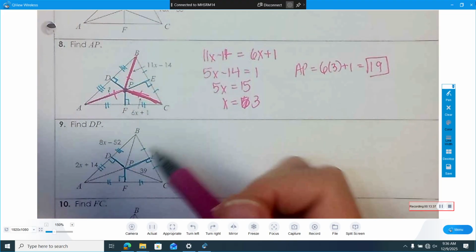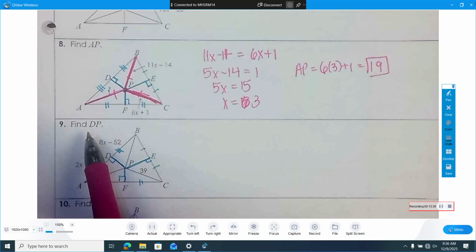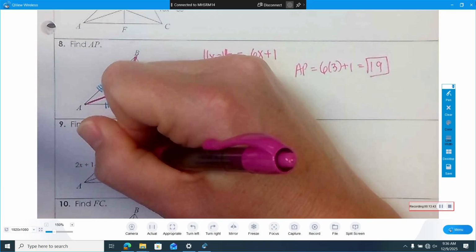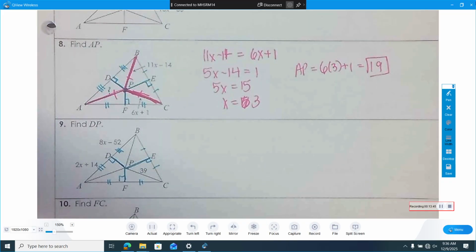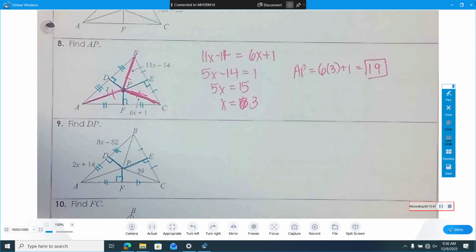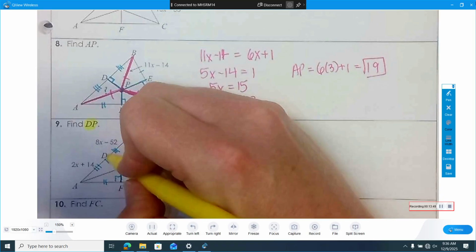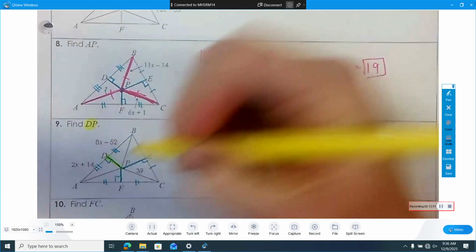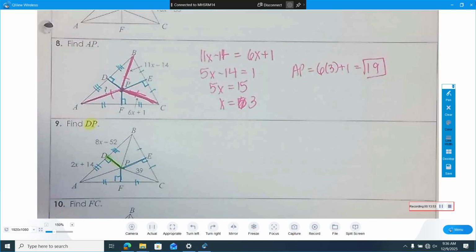My job here is to find DP. DP is this length right here. I'm going to highlight it. DP is this highlighted little perpendicular bisector right there. That's what we're trying to figure out. What do you think we can do?